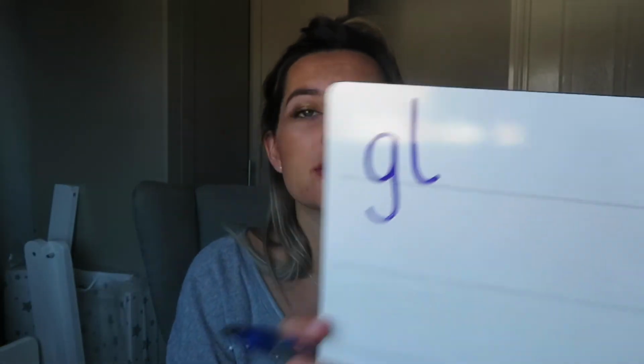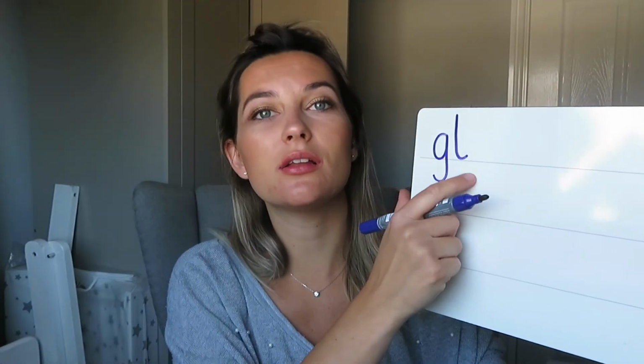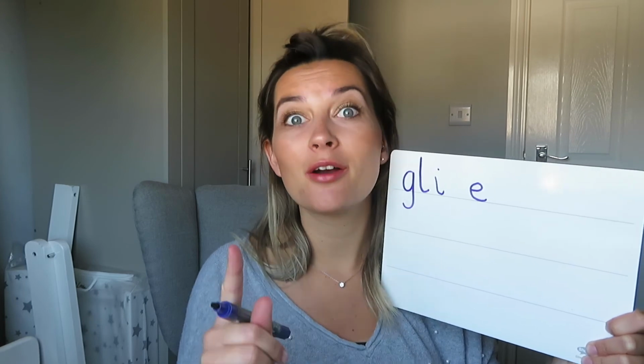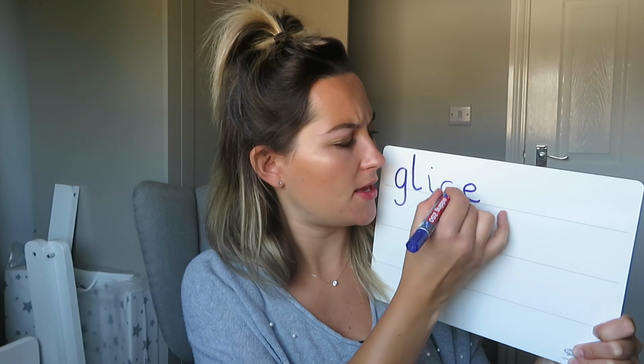So if you remember, I said at the start the gl sound is a g and a l. So I am going to write this start with gl, I. It's that split I sound again. So all I do is I write my digraph, but I just remember it's split. Gl, I, d. The last sound is d. So I simply just put the d in the middle.